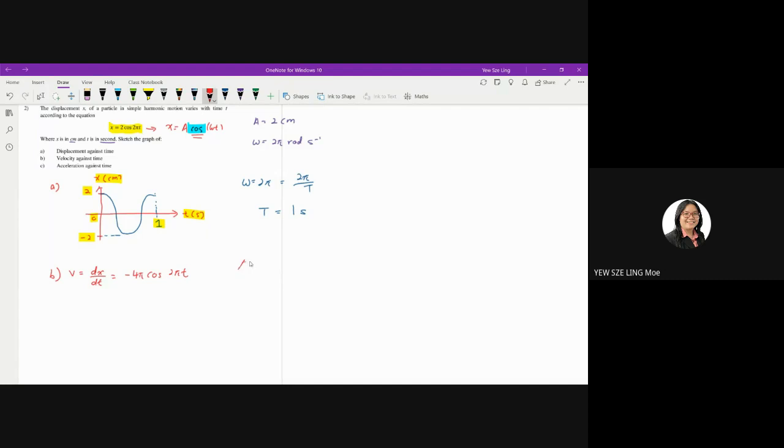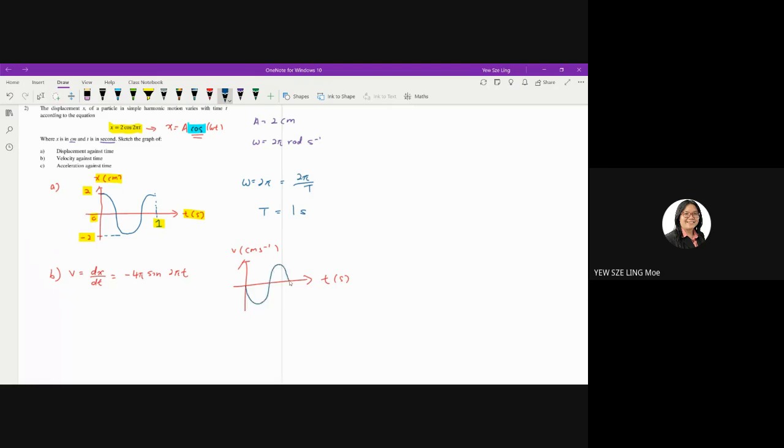So the graph should look like this. I will straight away give you the answer. v is in cm s^-1, t again is in terms of seconds. Now the shape of the graph will be an inverted sine function, like this.